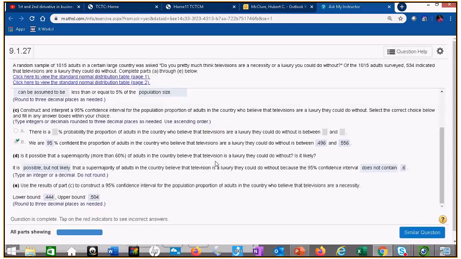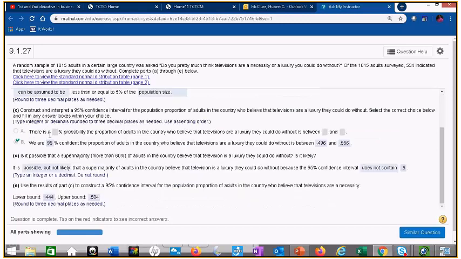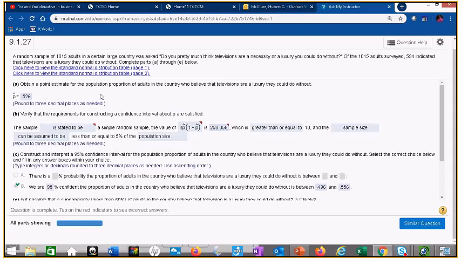Now, I'll tell you what I like about this question. I don't like A through E, but except for B, all of these are test questions. A is a test question, C is a test question, D is a test question, and E is a test question. So you've got four good test questions in that problem. If you can do one like number 27, you're good to go for the test, because if you can do A and C, you can do this in your head.